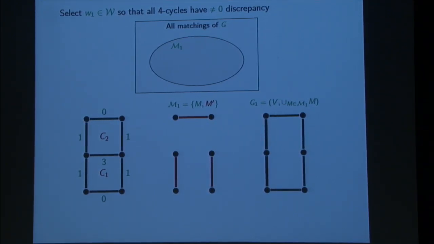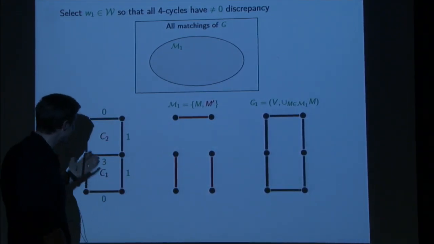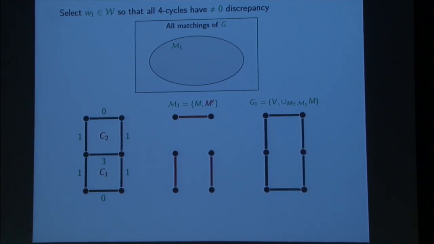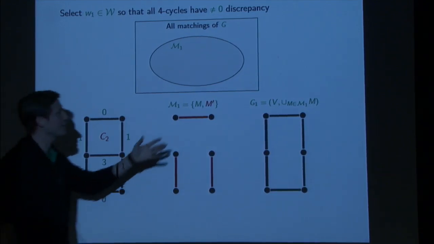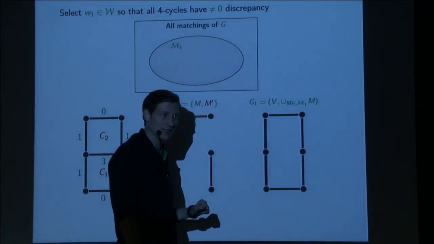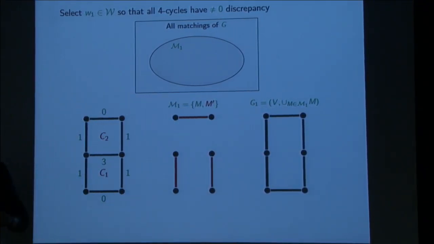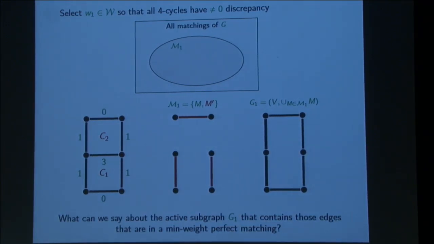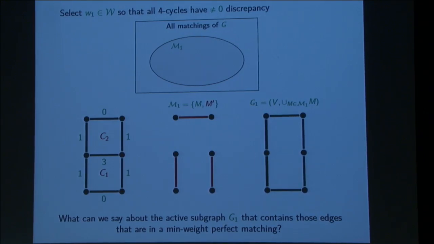What can we say about the active subgraph? It has no 4-cycles. At least from this picture, it looks like if I assign non-zero discrepancy to the 4-cycles, the active subgraph that contains the edge sets of the min weight perfect matchings has no 4-cycles. So what can we say about the active subgraph that contains those edges that are in a min weight perfect matching?